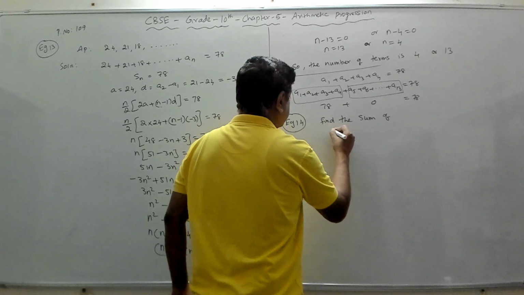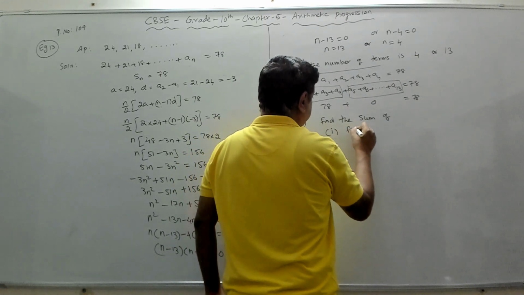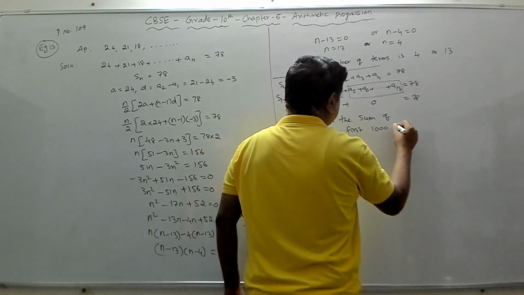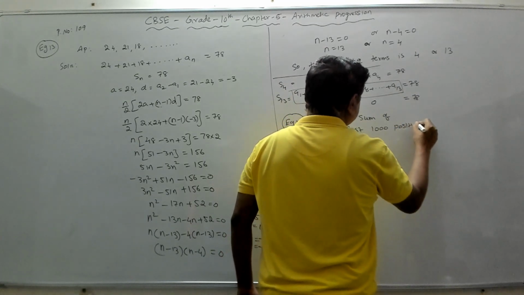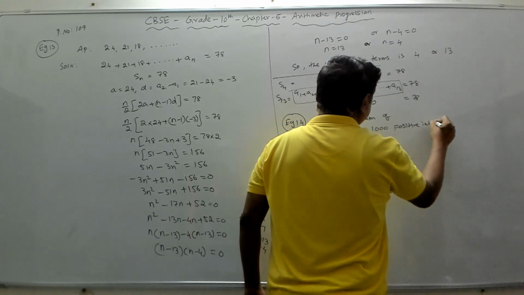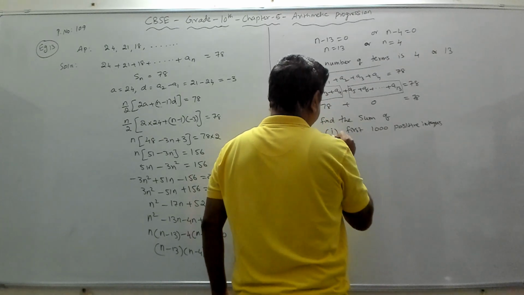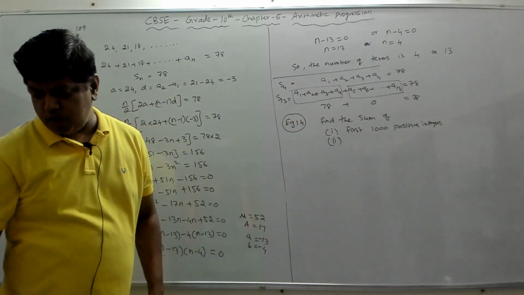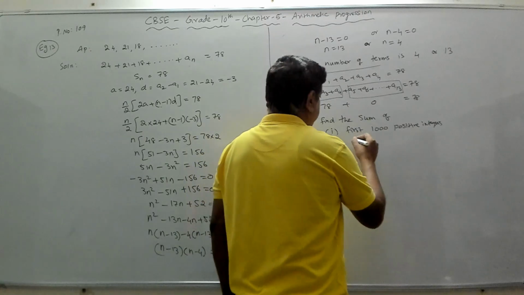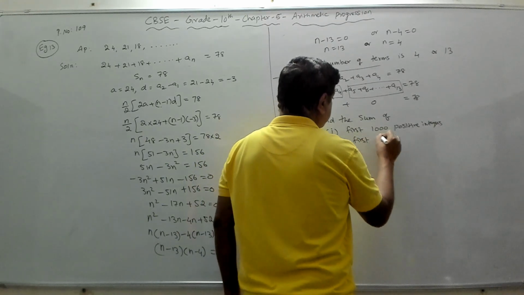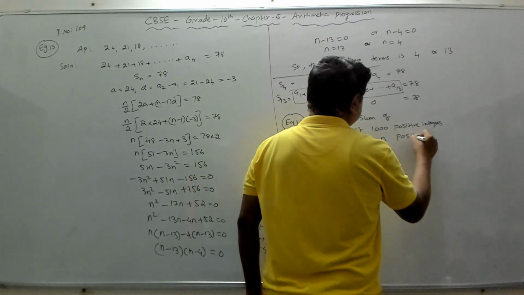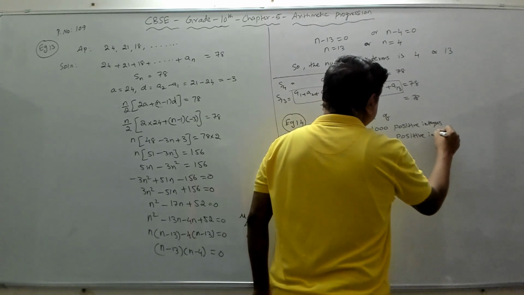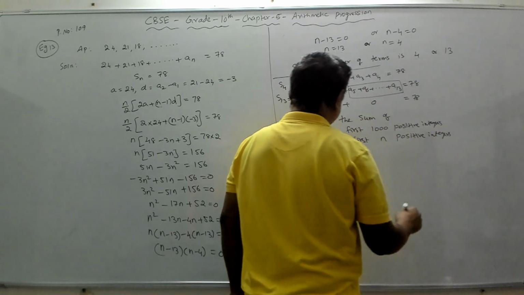First question is first 1000 positive integers. Second is find the sum of first n positive integers. So there are two things that we have to find, right?